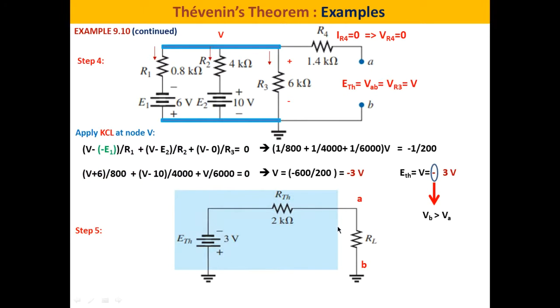And we connect again RL, and now we are ready to calculate current, voltage, power in RL and study the circuit. You see the effectiveness of applying Thevenin's theorem in simplifying the circuit. Here we had 2 loops, a complicated circuit that we have replaced by a very simple circuit.